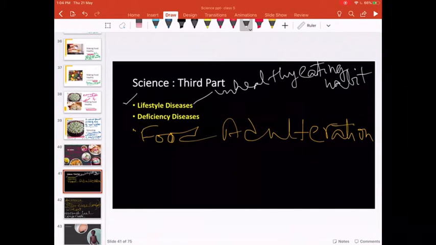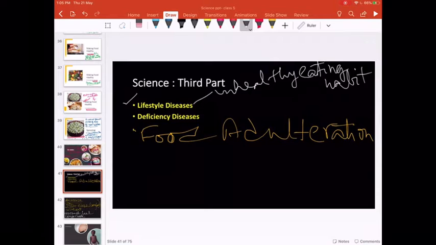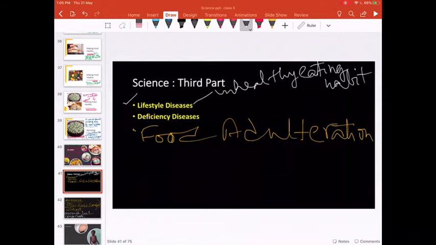Second, not including essential nutrients in our food. Third, most important, we do not take care of the timing of our eating. Sometimes you'll see some of us eat our lunch at 2 o'clock. Some of them are so busy they take their lunch at 3 o'clock.